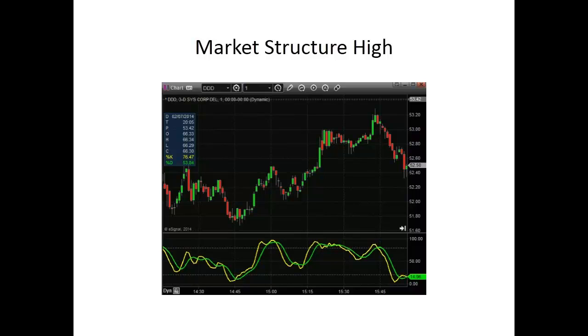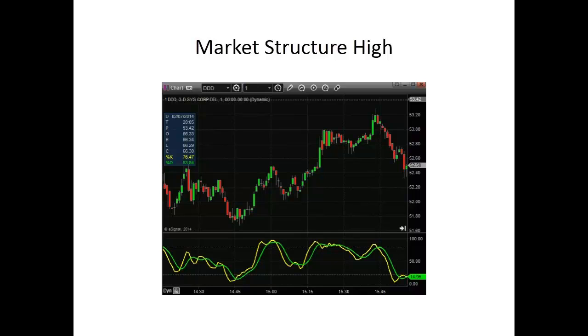Now, if you want to be really, really strict, you are allowed to extend it past the one candle, 3 candles, I mean. Many times what you're going to find, guys, is that the body may actually be 1 or 2 cents above or 2 cents below the second higher high, which technically then makes it a market structure reversal candle.